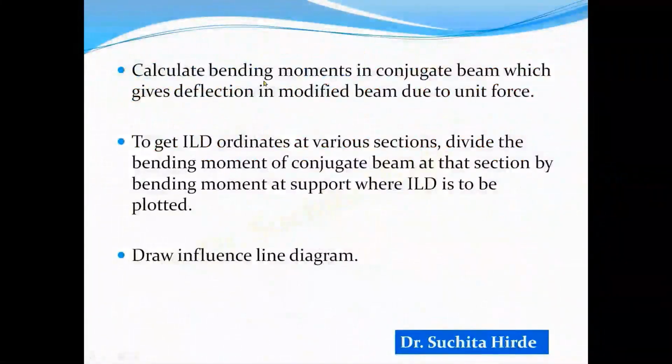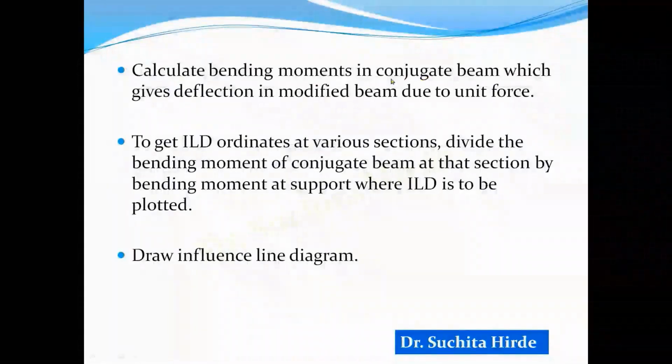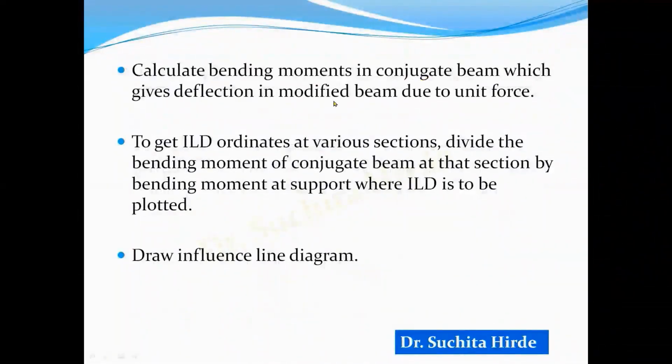Next is to calculate the bending moment in the conjugate beam. Why are we calculating the bending moment in the conjugate beam? Because there is a theorem which states that the bending moment in the conjugate beam is the deflection in the given beam, and therefore we are calculating it because we want the deflected shape.